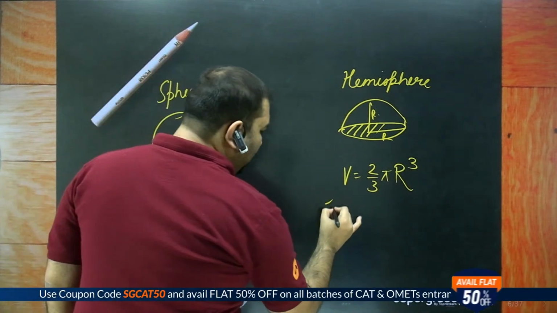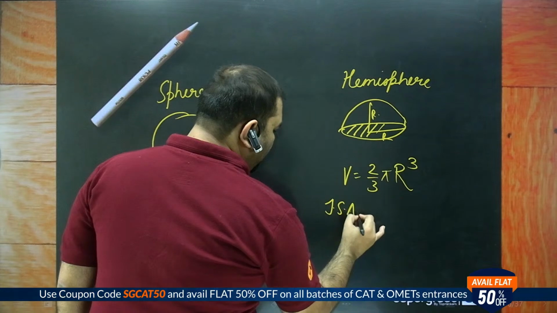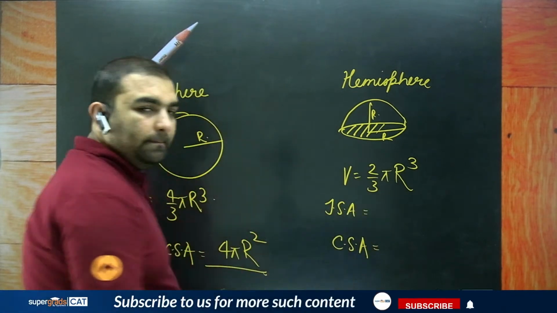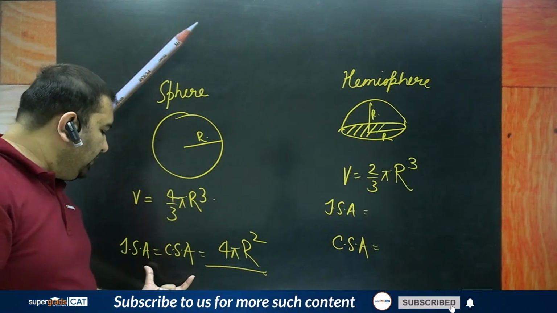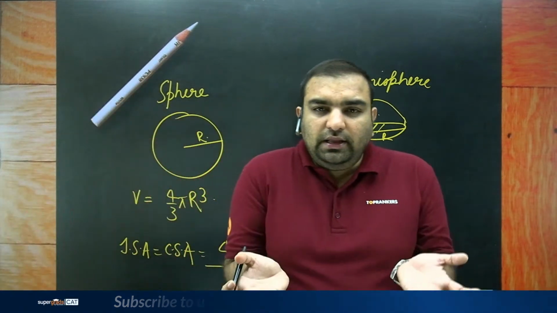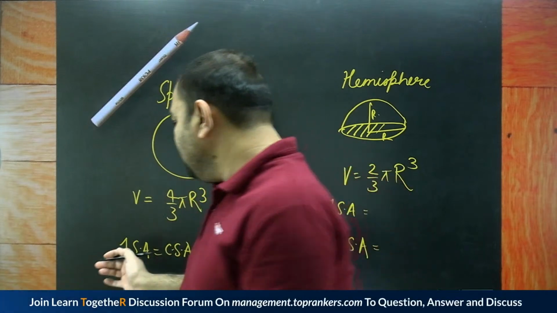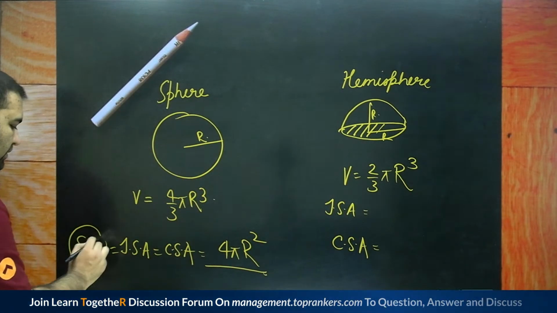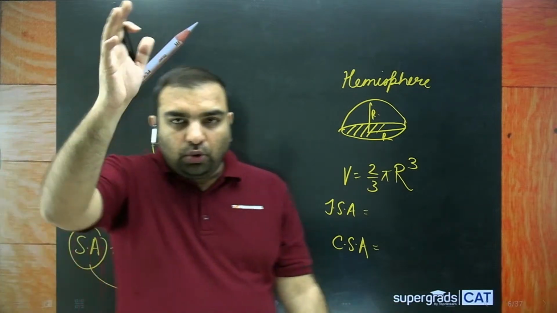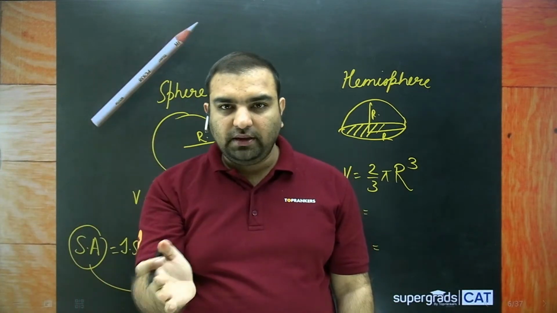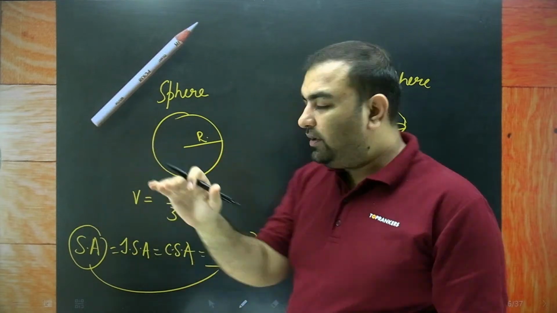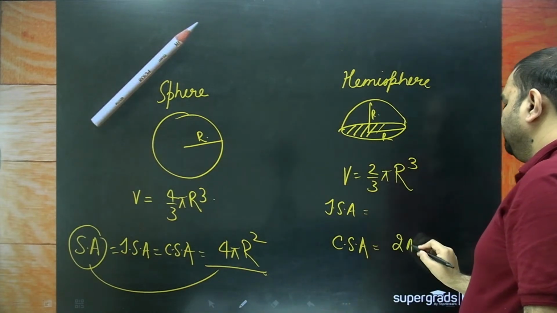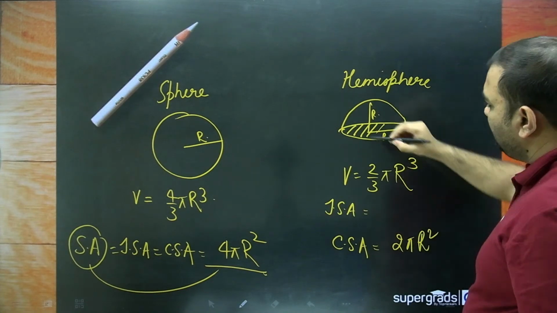What about total and what about curved surface area? सर यहां पर आपने बताया था कि जो टोटल है वही कर्व्ड है, तो बेसिकली इसको सरफेस एरिया करके डिनोट किया जाएगा. तो जब टोटल सरफेस एरिया 4 पाई आर स्क्वायर है, तो हेमिस्फेयर में ये जो कर्व्ड वाला पोर्शन है दैट इज 2 पाई आर स्क्वायर, ये वाला पोर्शन.